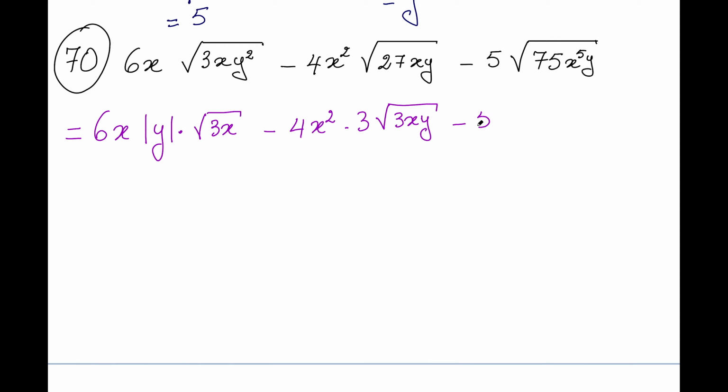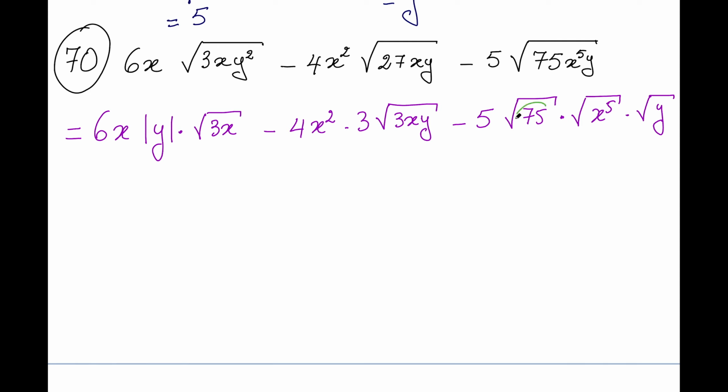Minus 5 times square root of 75. You know what, let me just do this by itself like this. Let me split them up and get this right. Okay, 75. I meant to have a different color.